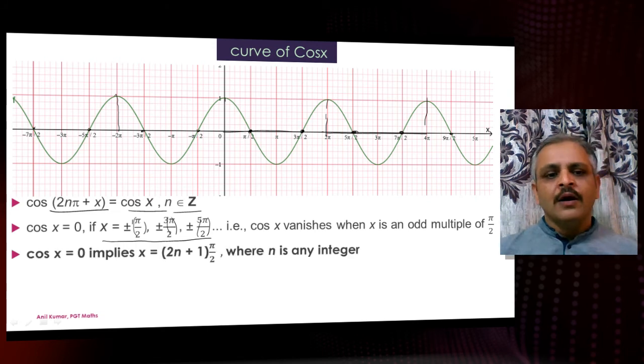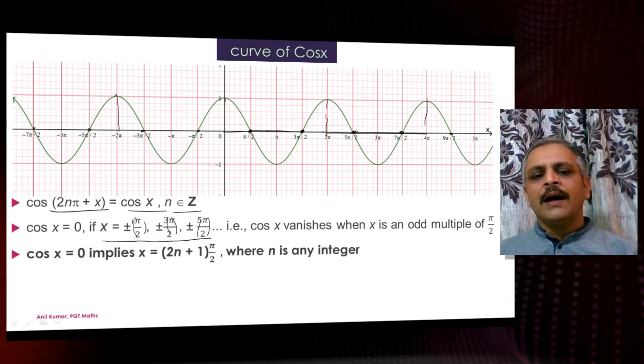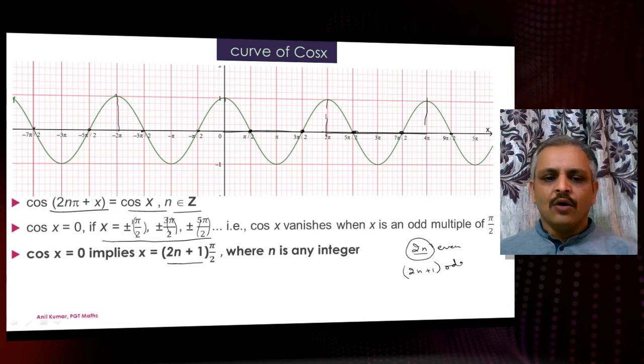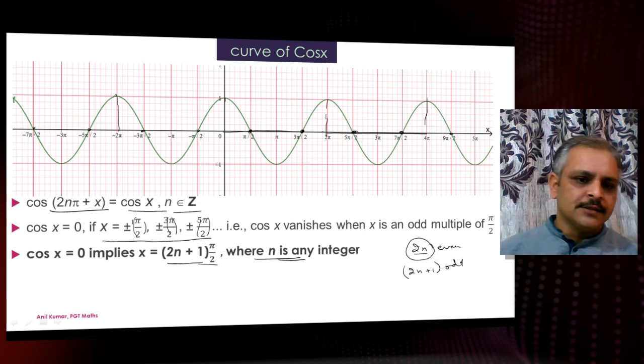So we can conclude that cos x will be equal to 0 implies x is equal to, here I have written the odd number as 2n plus 1, because 2n is always an even number. If I multiply a number with 2, it will become an even number, and if I add 1 to the even number, 2n plus 1, it will become an odd number. So odd multiple of pi by 2, where n is any integer.